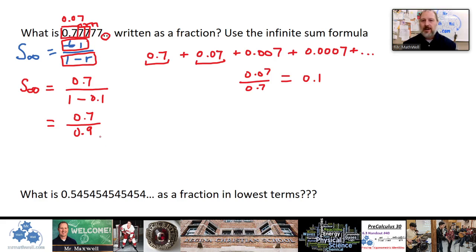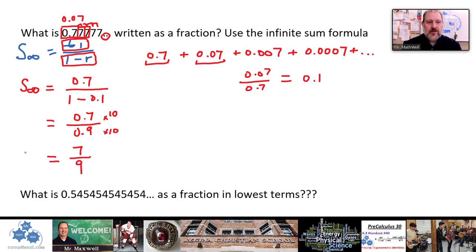Now, you wouldn't want to just get on your calculator and divide this and get a decimal, because we'll get the original decimal. You can check that out if you want. But what we want to do is simplify this into a fraction in lowest terms. And of course, if I multiply the top and the bottom by 10, I get 7 over 9.